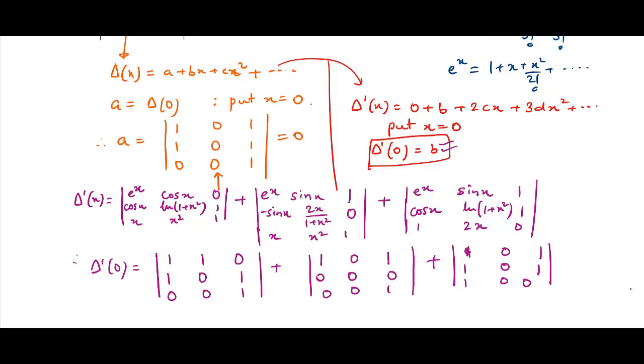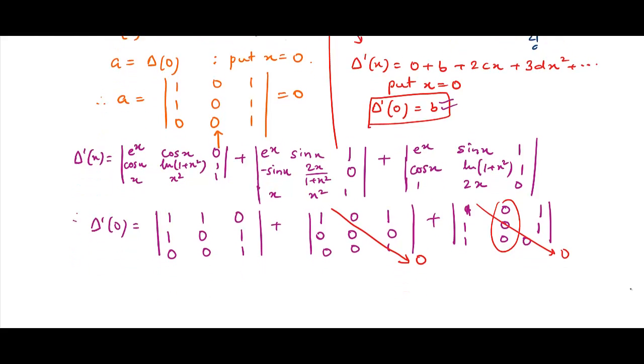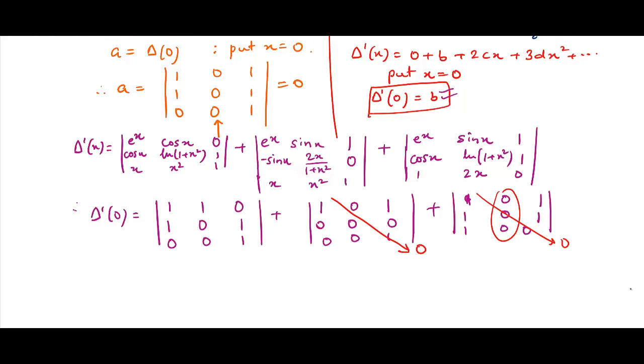Clearly the value of the second determinant is 0, and the value of the third determinant is also 0, because the second column contains all three elements identical. We just need to find the value of the first determinant, which I expand along the third column, so we get plus 1 times 0 minus 1, which is minus 1.